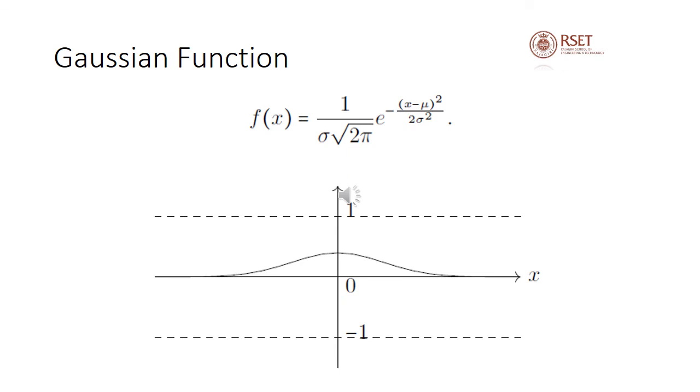The next activation function is the Gaussian function, which is equal to a normal distribution. That is 1 divided by sigma root 2 pi, times the exponential of minus (x minus mu) the whole squared divided by 2 sigma squared. Sigma is the standard deviation and mu is the mean value. Here you can see it's a normal distribution, that is a Gaussian curve.